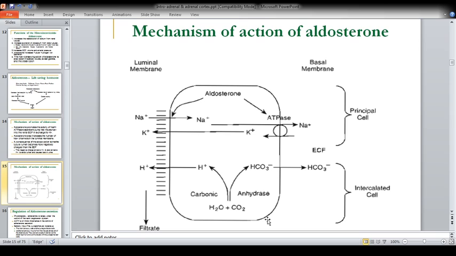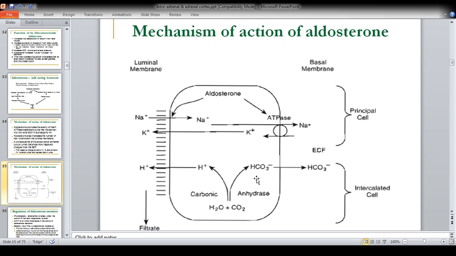Then there is an enzyme which breaks down water and carbon dioxide into hydrogen ion and bicarbonate ion. This enzyme is known as carbonic anhydrase. When it breaks down water and carbon dioxide into hydrogen ion and bicarbonate, if this hydrogen ion accumulates too much in the blood, it would make our body more acidic. So this sodium channel would also help in removing this hydrogen ion from the blood into the urine.